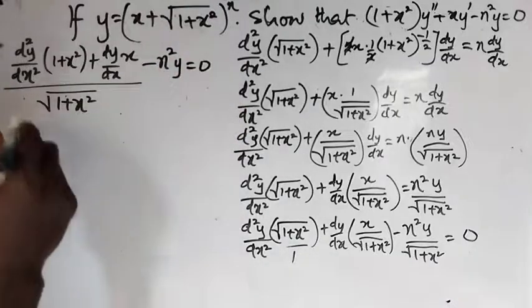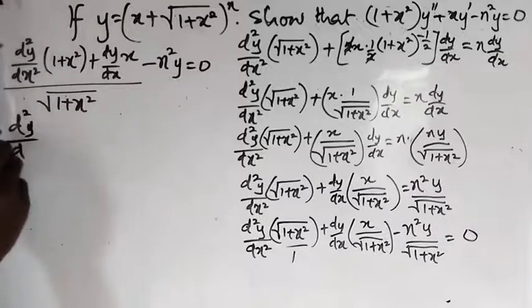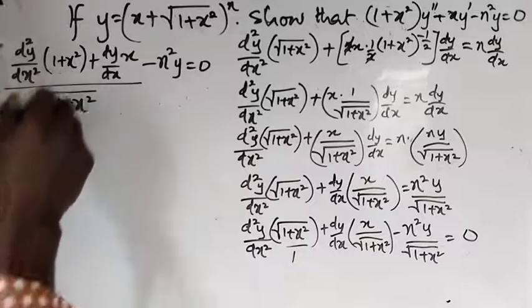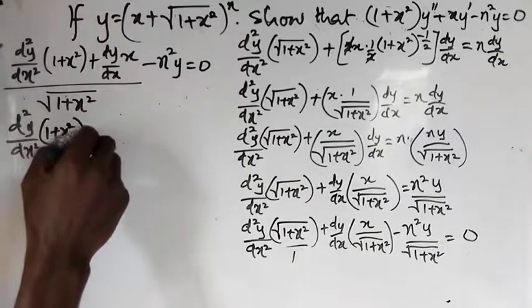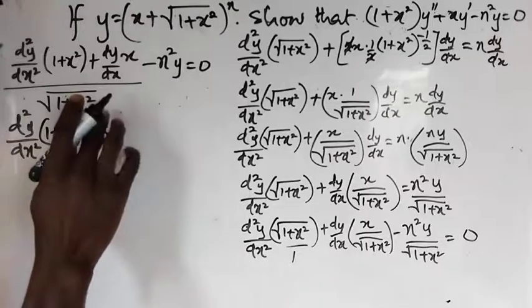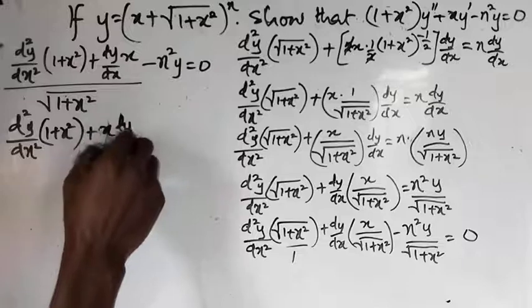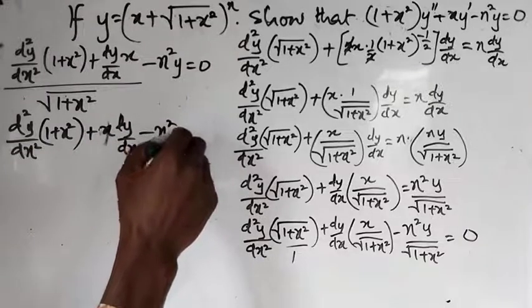So when you cross multiply, you now have that d²y over dx to the power 2, then into 1 plus x to the power 2, then plus x dy/dx, then minus n²y.